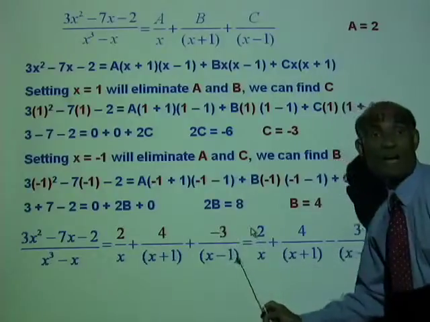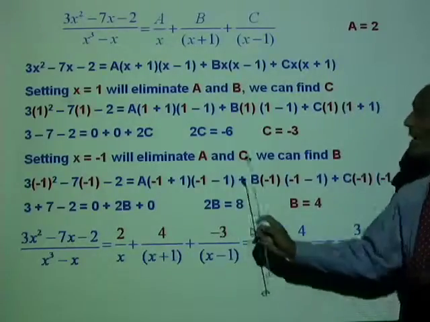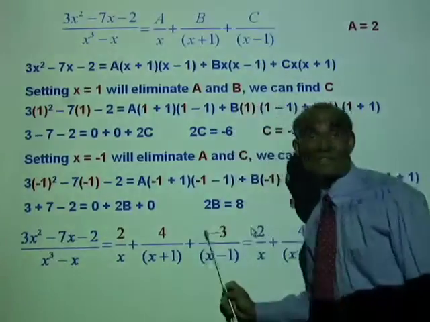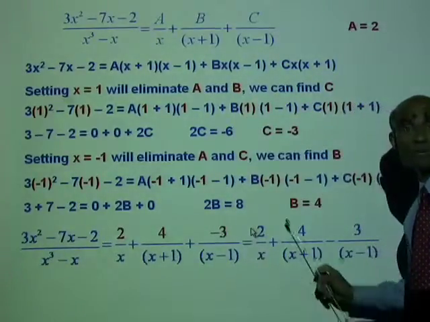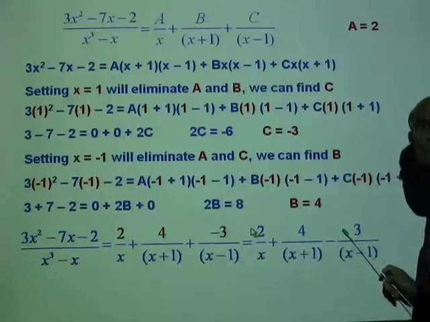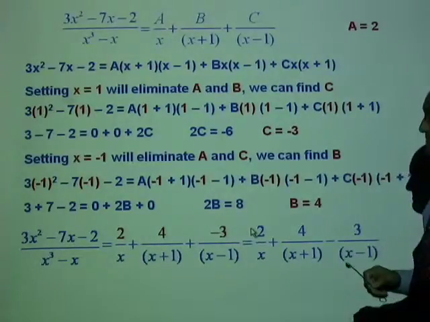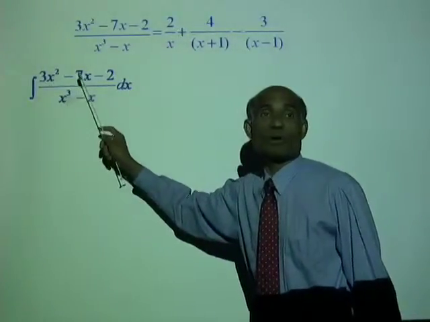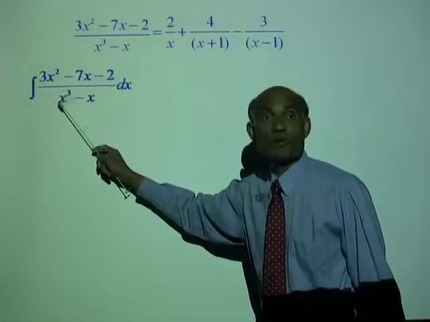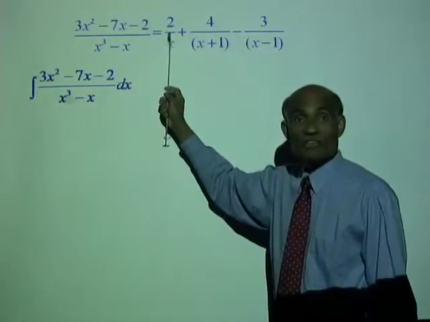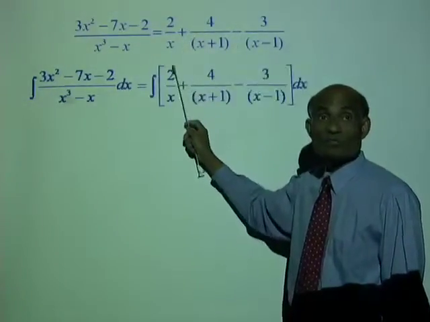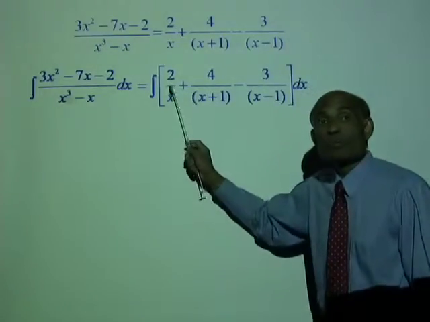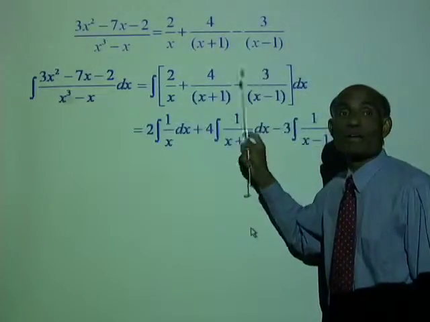Well, we can now integrate this. While integrating this quantity is very complex, integrating this will be very simple because we can integrate each of these terms separately. Alright, so integral of 3x squared minus 7x minus 2 over x cubed minus x is now the same as integral of that quantity, which you can break into individual integrals.